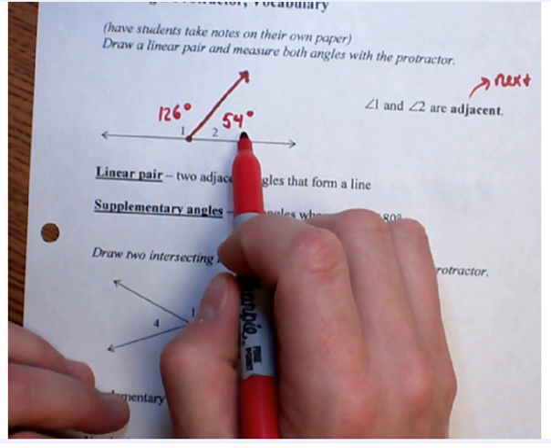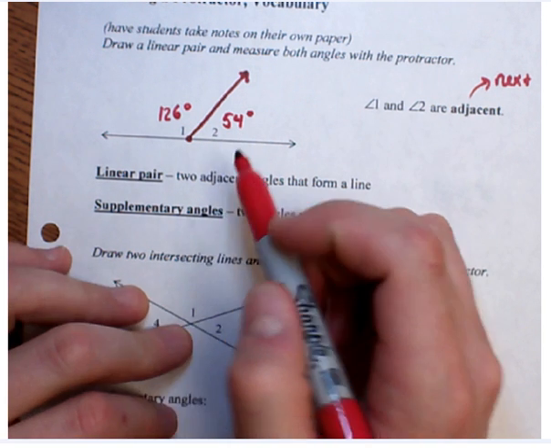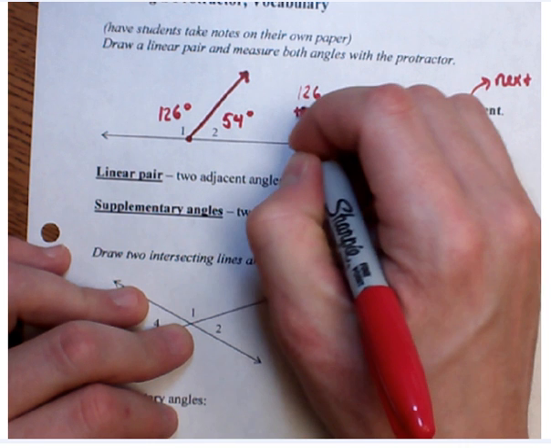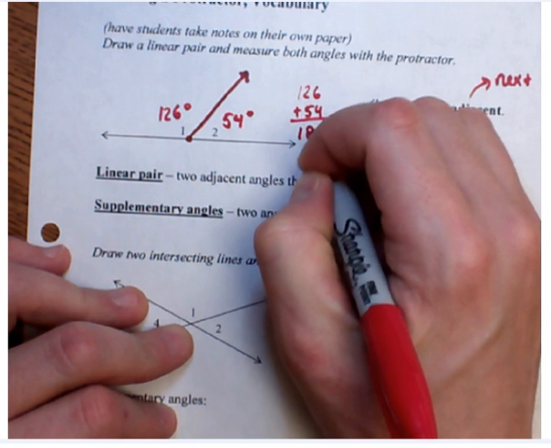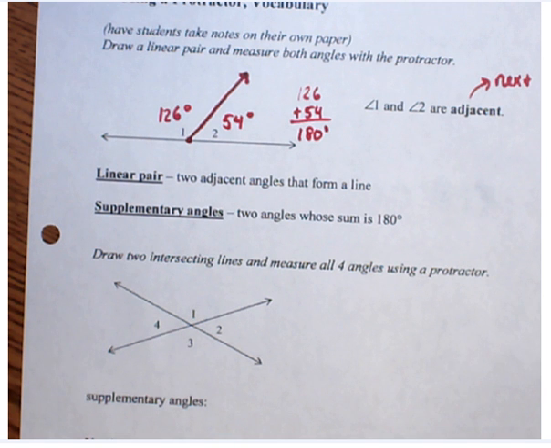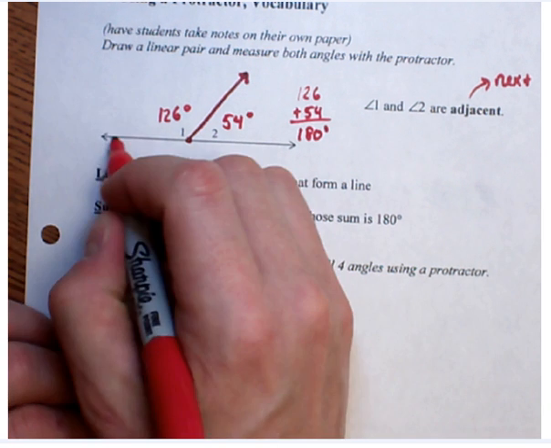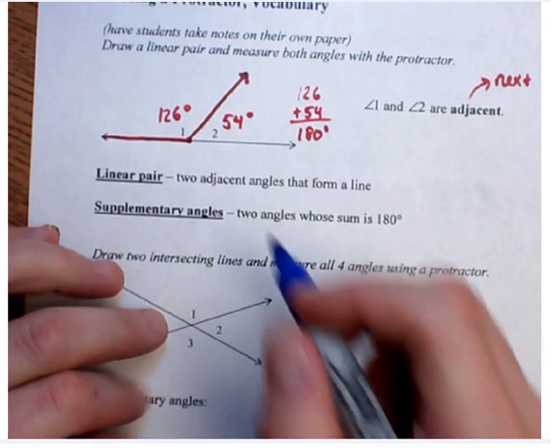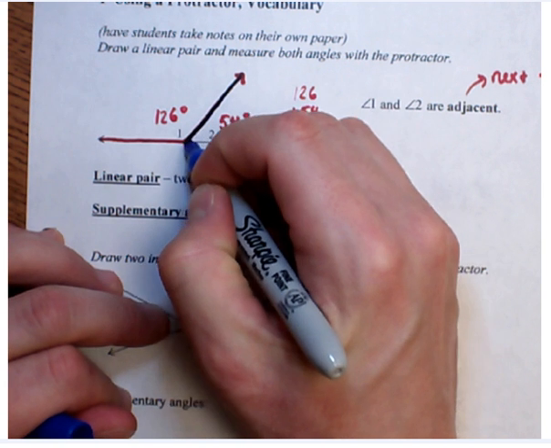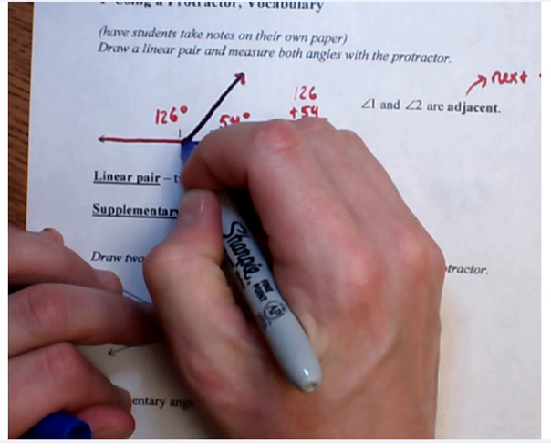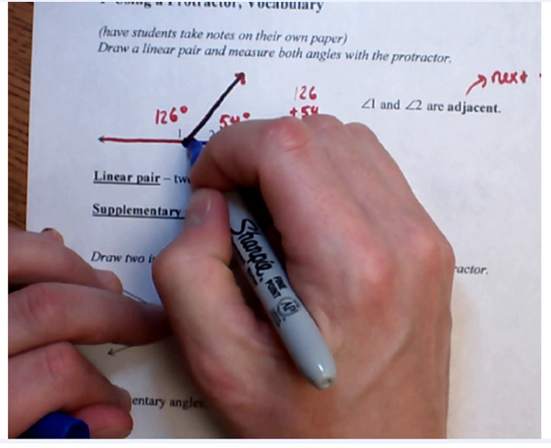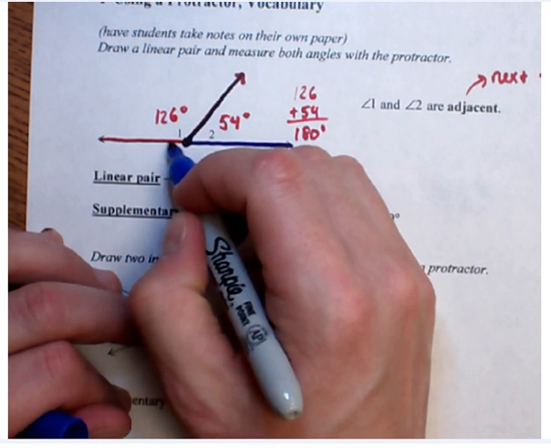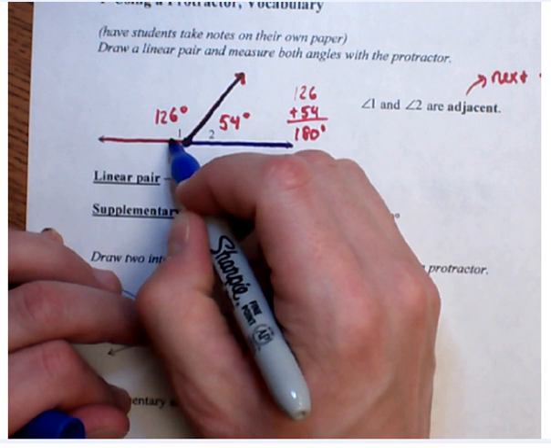Angle 2 is acute, so they're not the same. However, if I take 126 and add 54, I get 180 degrees. Now 180 is a big number in geometry, and this should make some sense, because if I trace out angle 1 in red, and then angle 2 in blue, notice that both angles have the same vertex and share the same ray, but the rays at the bottom go in opposite directions, and they are linear.